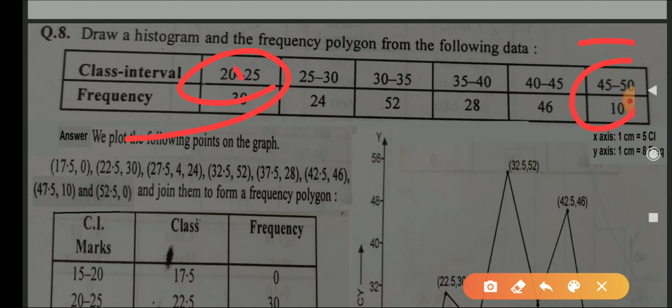So we require one previous class and one later class. I hope you understood. Once again, 20 to 25 is given, so we require one more class because we have to draw the frequency polygon.